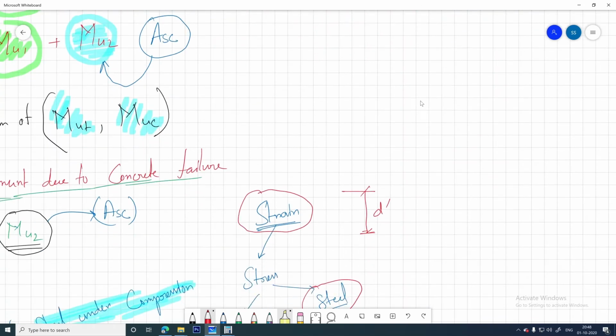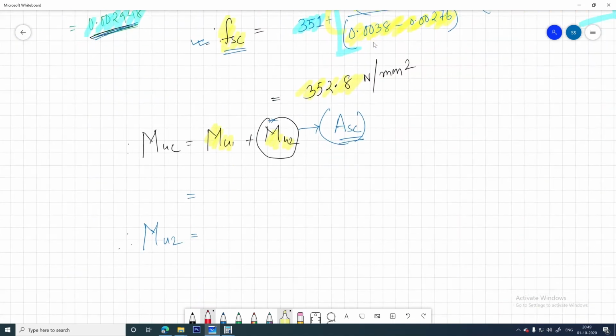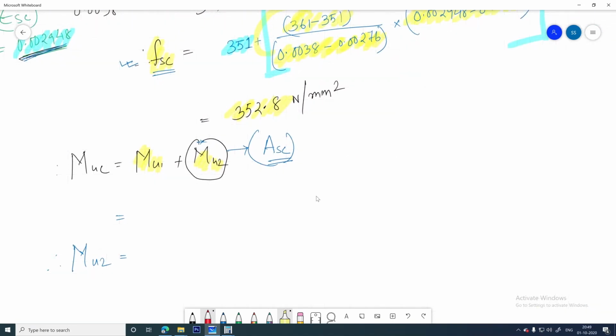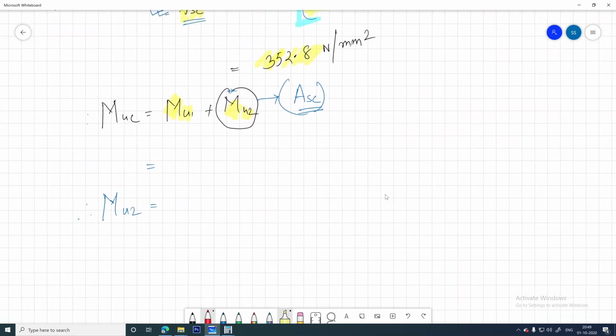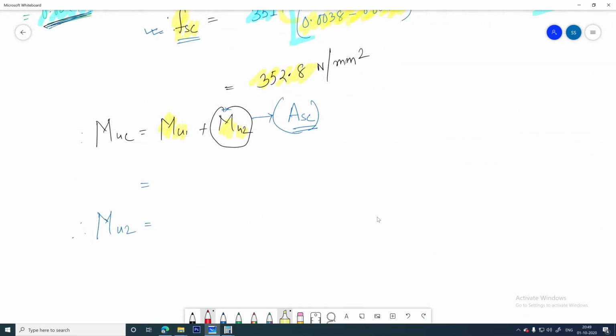So that is why I am saying we need to multiply the D minus D dash, that is the lever arm. So MU2 will become FSC into ASC, the stress into area will give you the force, and multiply with the D minus D dash, that is the lever arm.